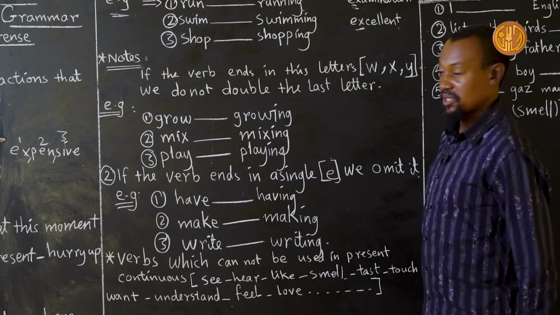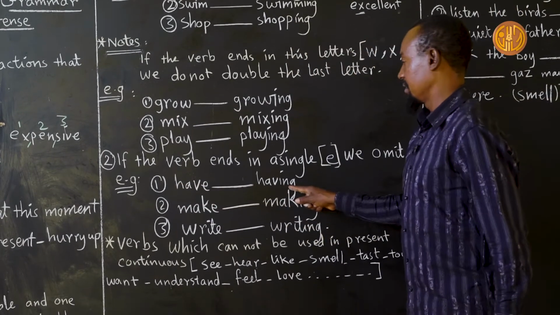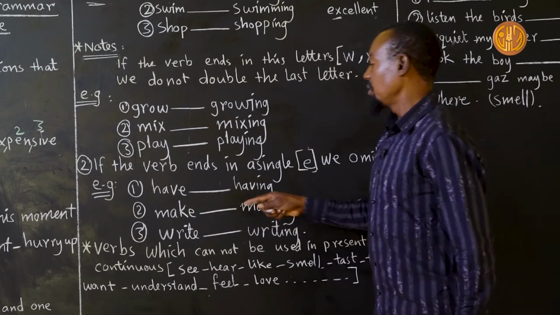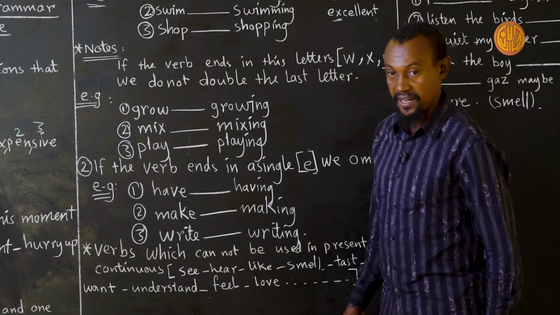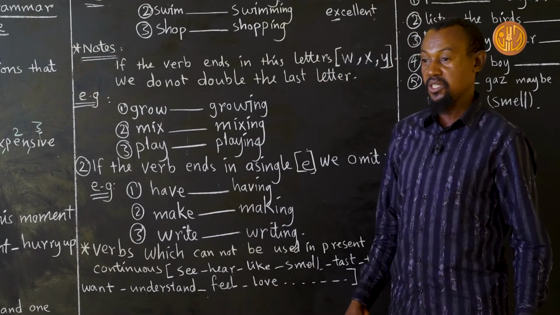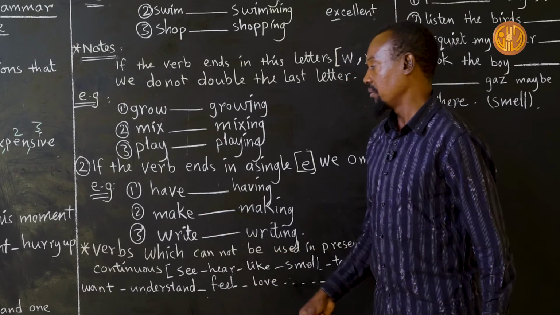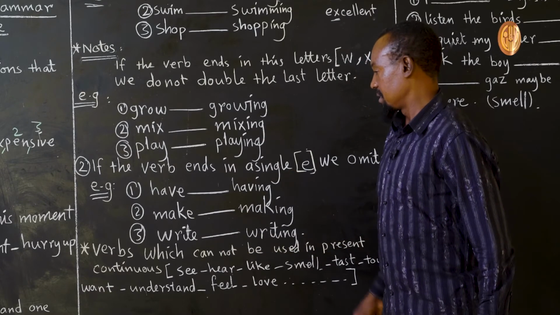You do not write this E, as in these three words: have, having, make. You do not pronounce the letter E if it comes at the end of the verb. Like have, don't say havey or makey or write. No, have, make, write. Silent, you drop them.